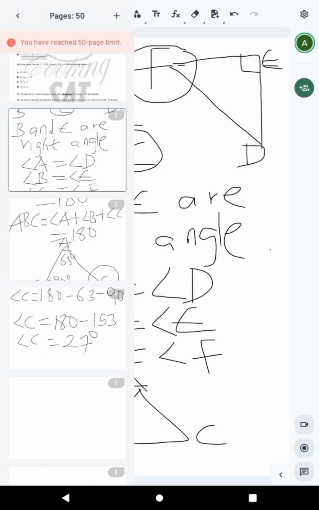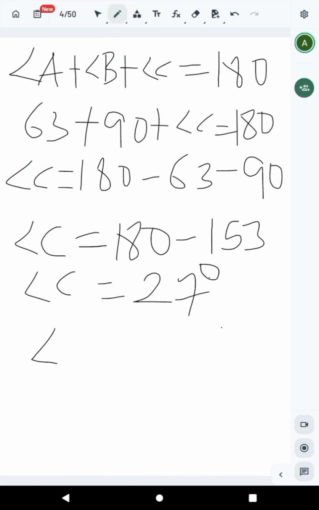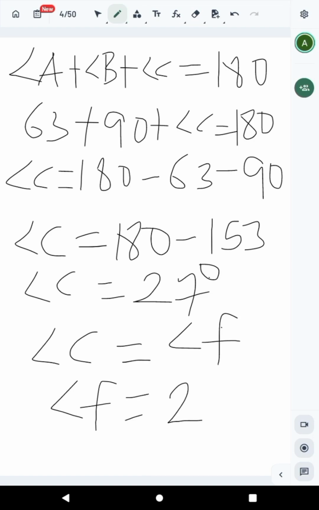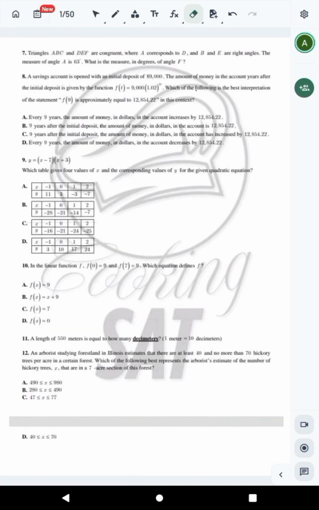So angle C is equal to angle F, and definitely angle F will be 27 degrees. So the answer for number 7 is 27 degrees. Let's continue.